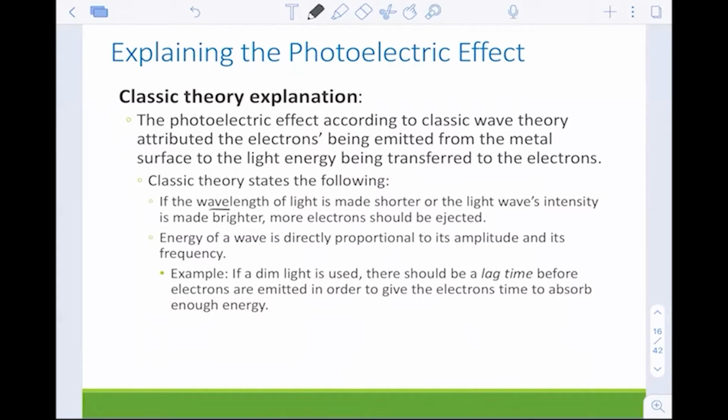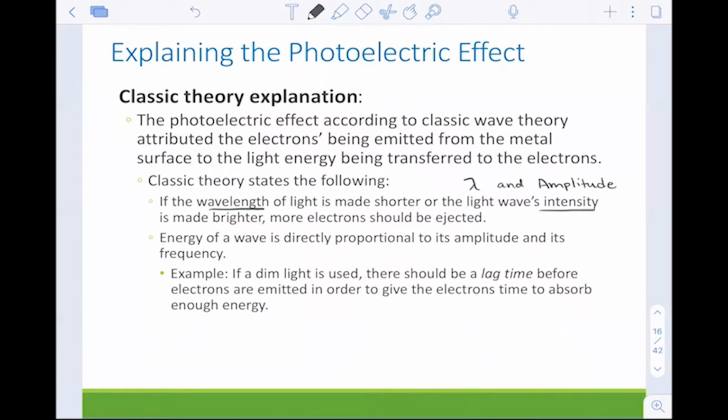What this means is that what was predicted was that wavelength and amplitude of a wave should affect the number of electrons ejected.